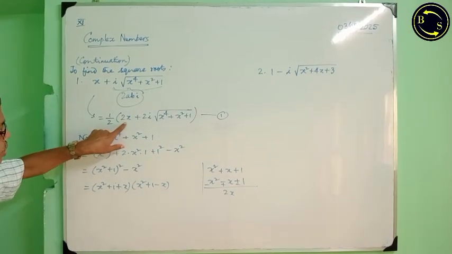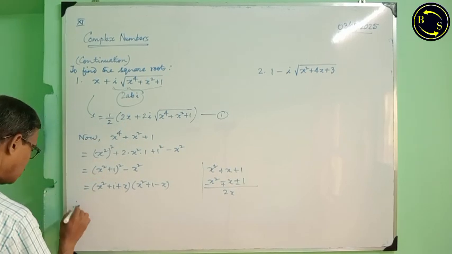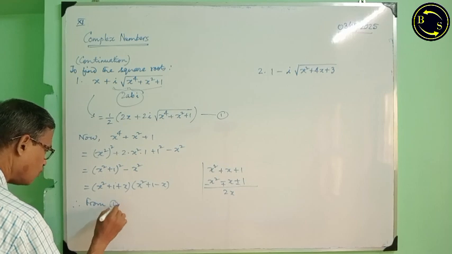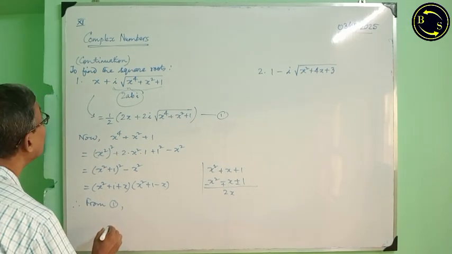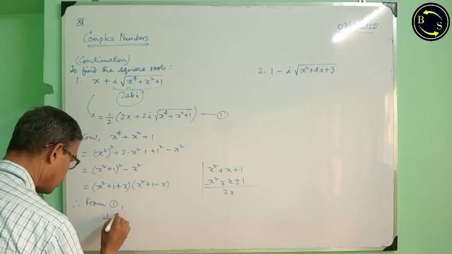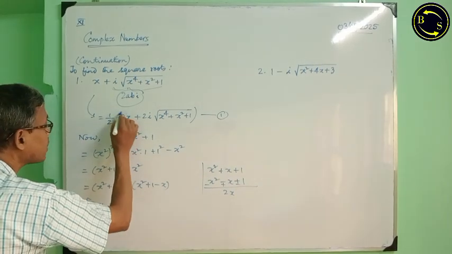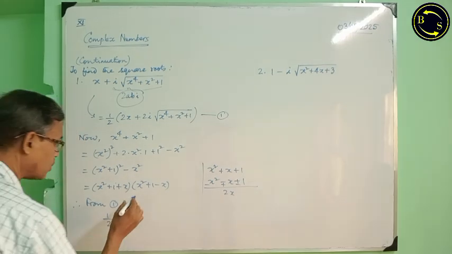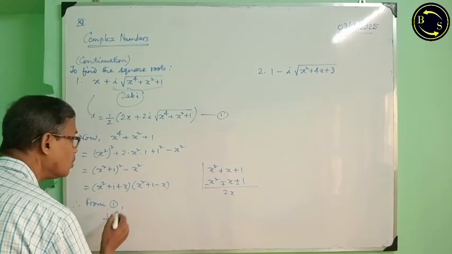Now we note there is 2x, therefore from 1 half, we first express these as difference of two factors of this expression.